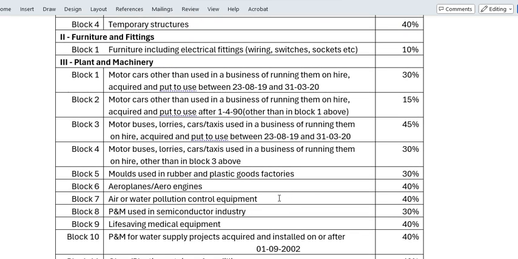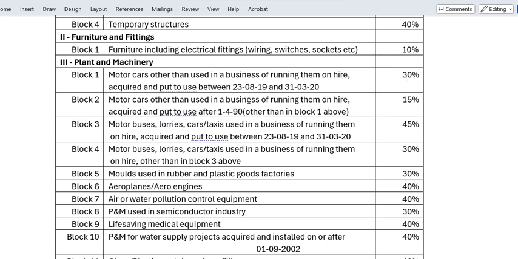Then again motor cars. Motor cars other than those used in business of running them on hire, acquired and put to use between 23/8/19 and 31/3/20, will give 30%. After 1/4/90, it is only 15%.